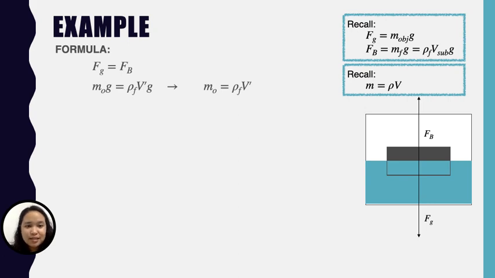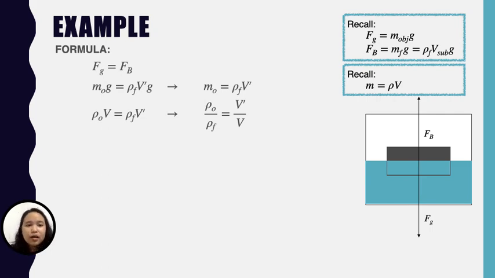So we replace the left side, which is your MO, in this equation. It would become density of the object times V is equal to density of the fluid times V prime. Why V? Once again, we set V as the actual volume of the object.